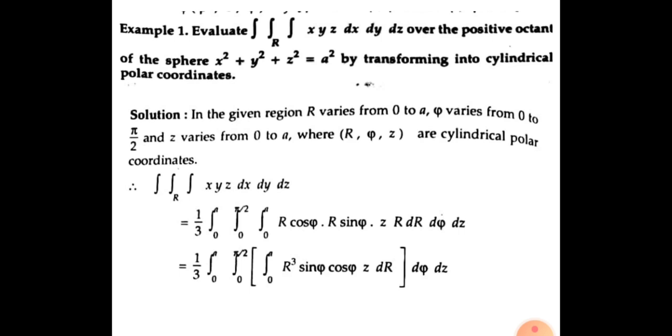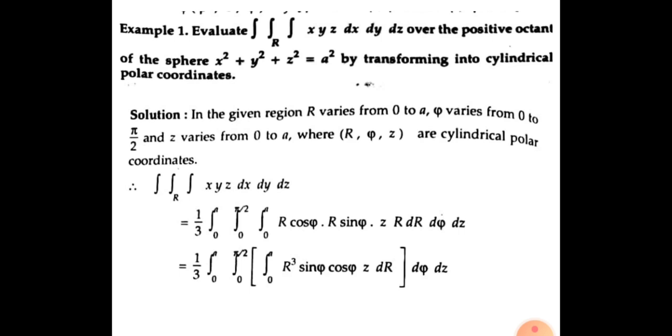We have to substitute x = r cos φ, y = r sin φ, z = z. Therefore xyz is r cos φ, r sin φ, z. The Jacobian r, and dx dy dz changes to dr dφ dz. Now first integrate with respect to r, then φ, finally z.